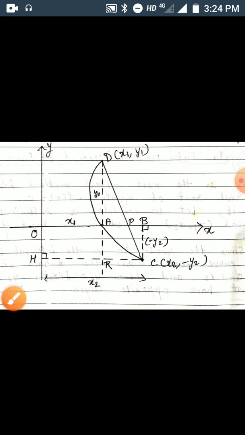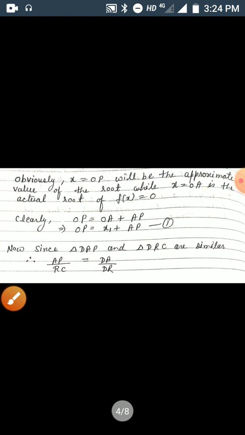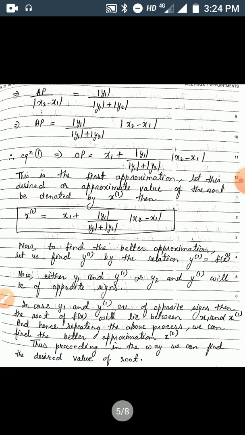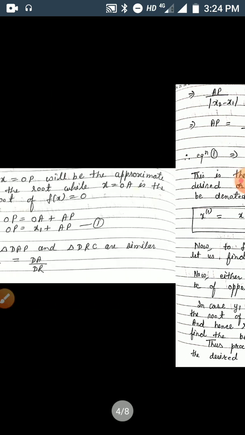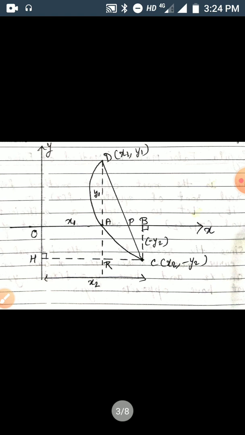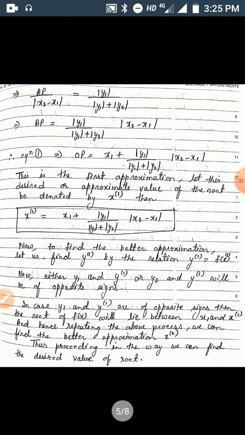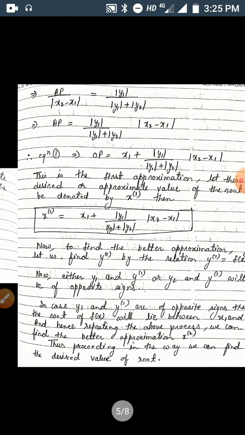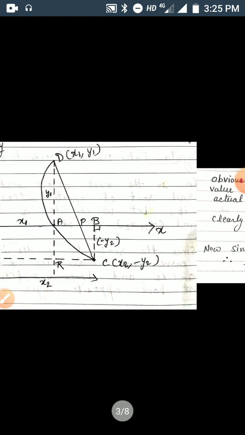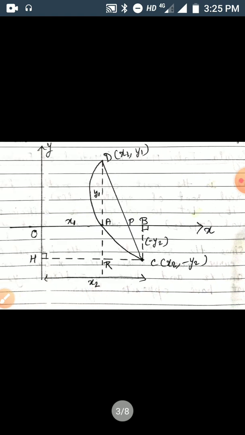So we can use the property that AP by RC is equal to DA by DR. RC can be written as CH minus HR, that is equal to x2 minus x1, as HR is also equal to x1. And DA is equal to y1 and DR can be written as y1 plus y2.